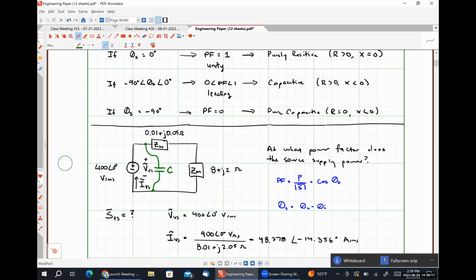So the key here is that we are not going to be changing the voltage supplied by the source in any way because we are putting this element in parallel with it.